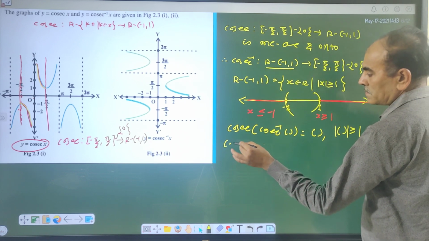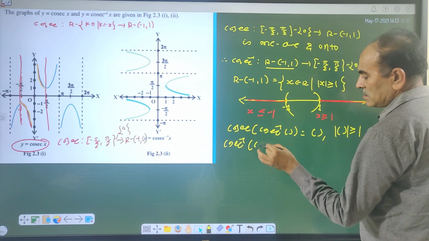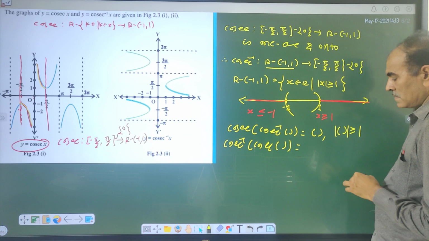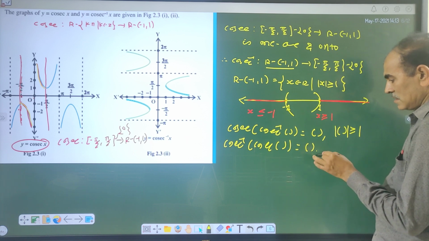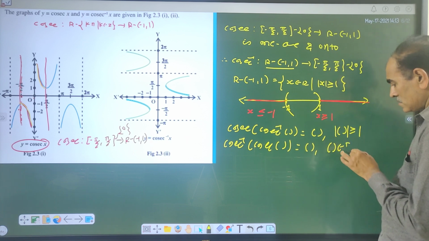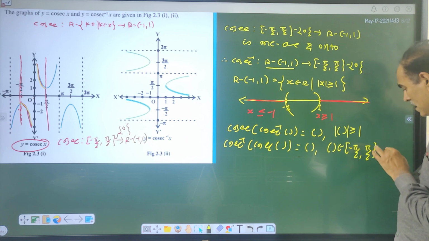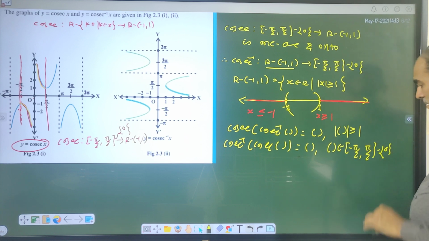Same way, cosec inverse of cosec x is equal to x, when x belongs to minus pi by 2 to pi by 2 except 0.